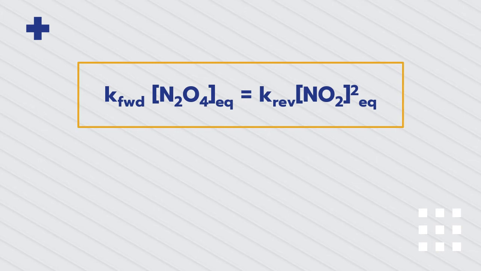So we know that at equilibrium, the rate of the forward reaction is equal to the rate of the reverse. Also, we learned in kinetics that both forward and reverse reactions are elementary steps. So we can write their rate laws directly from the balanced equation.